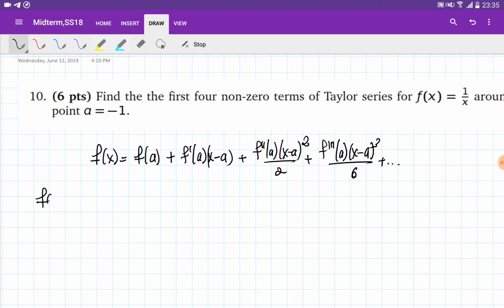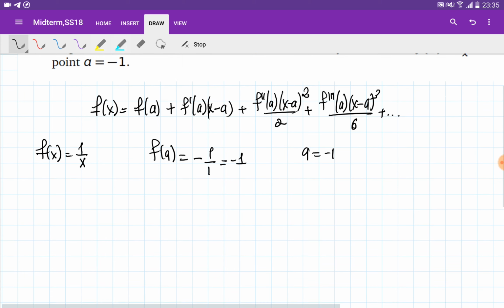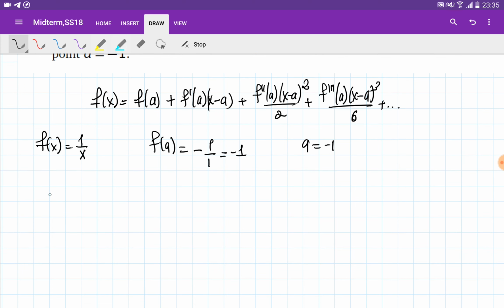So if f of x is equal to 1 over x, then f of a is equal to 1 over minus 1, actually, right? This is going to be minus 1. Since a is equal to minus 1, I can just substitute a for x. So this can be written as x to the power of minus 1, right?